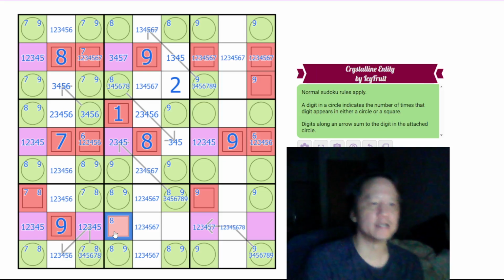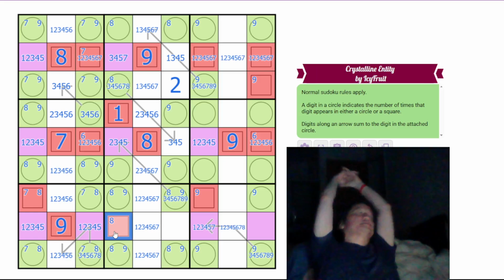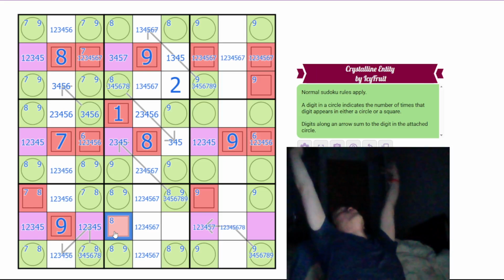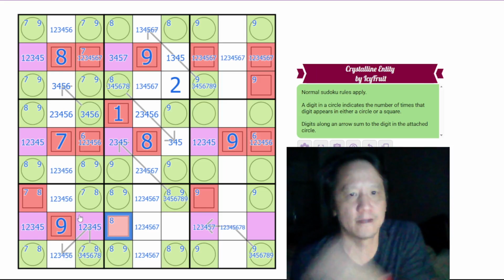All 9 9s must be in a circle square. There must be 8 8s, 7 7s. There's 3 1s, and everything else is the number that it has.